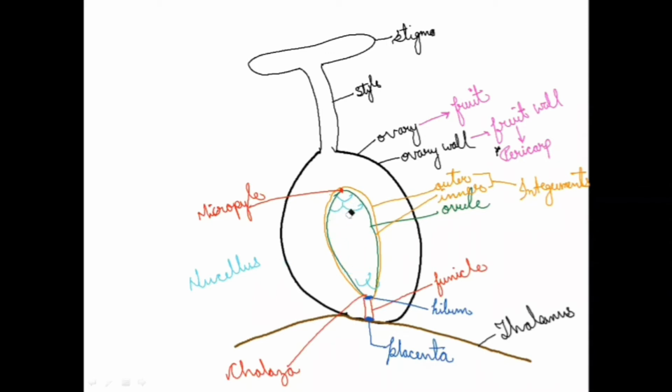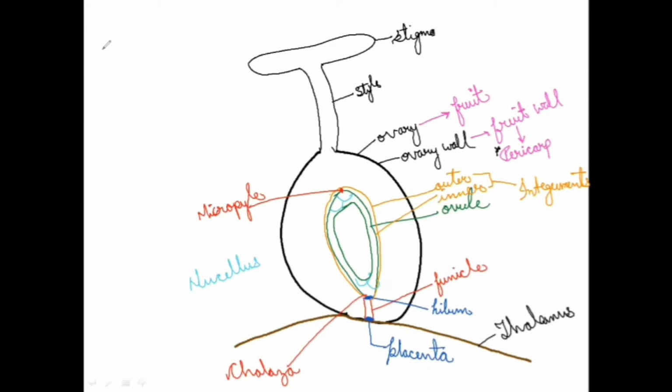So almost all the nucellus will be used, and we will get an embryo sac which has occupied almost the complete space of this ovule. Clear? Now, one important point is how the divisions of the cells in this embryo sac take place.